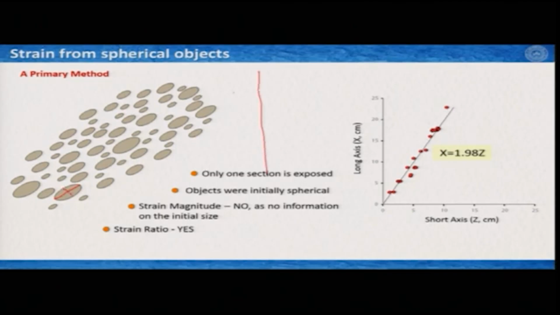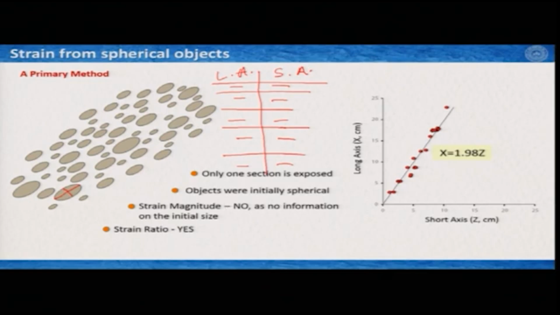So what you do, in one column you write long axis, and in one column you write short axis, and then you write the values 1, 2, 3, 4 and so on. Then if you plot long axis versus short axis, and if this rock has any deformation, then you should see a deflection from the 45 degree line.